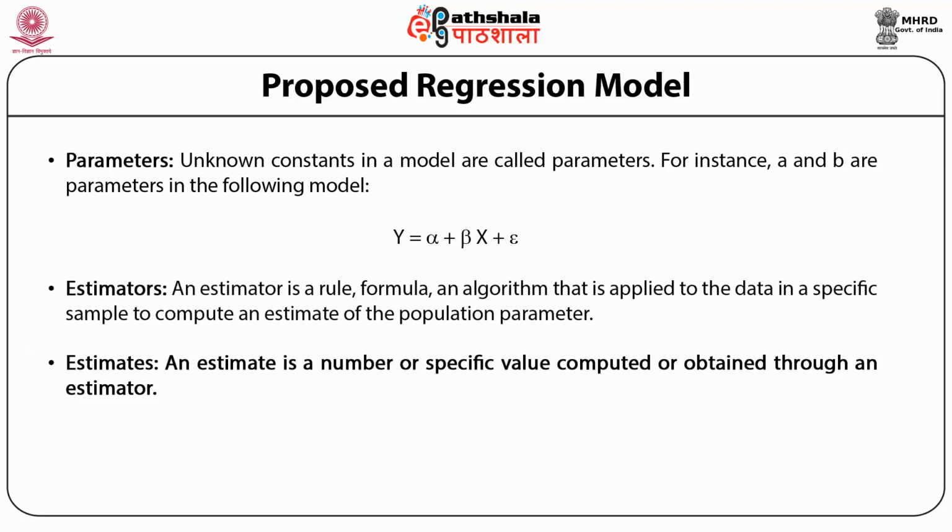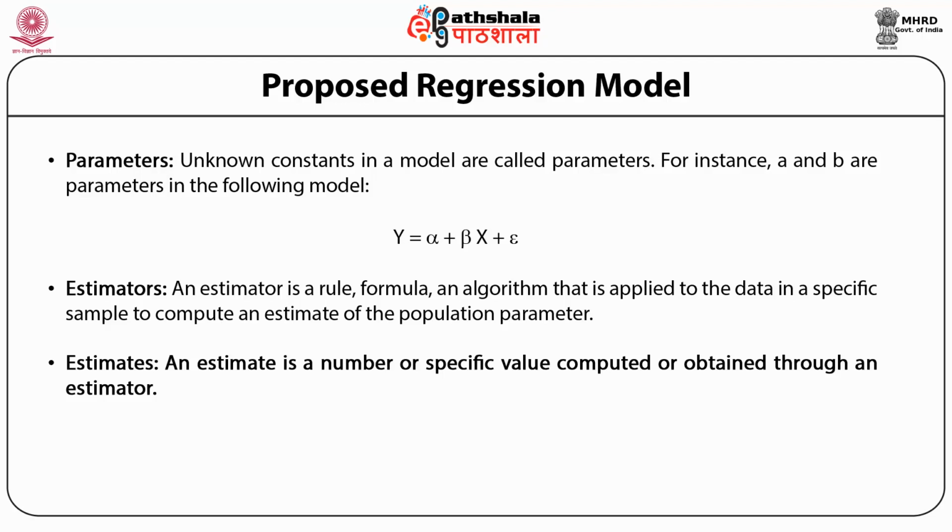That can be any rule or any formula or any algorithm that is used to predict the value of the dependent variable. And here alpha, beta are the unknown constants which we need to calculate to predict the value of y.